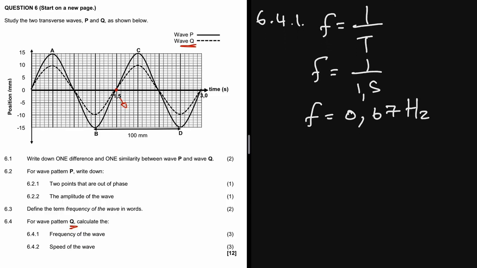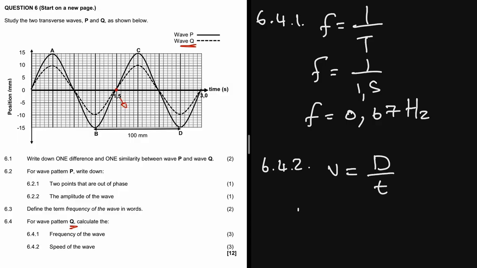So the last question that we have, which is 6.4.2, they say we must calculate the speed of the wave. So remember, if you talk about the speed of the wave, the equation is speed is equal to the distance over the time.